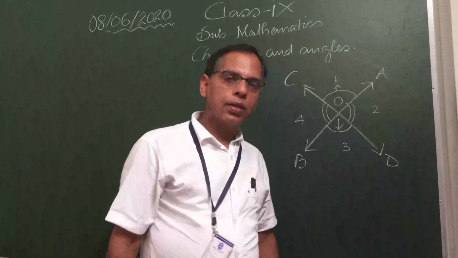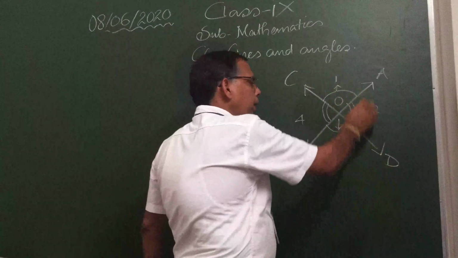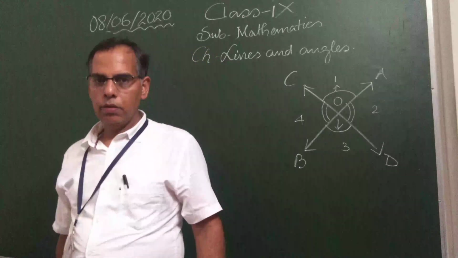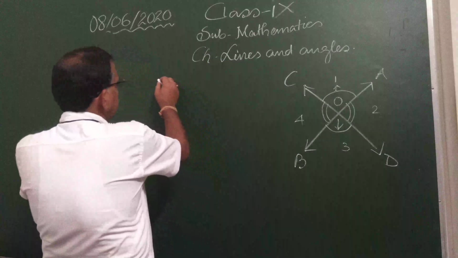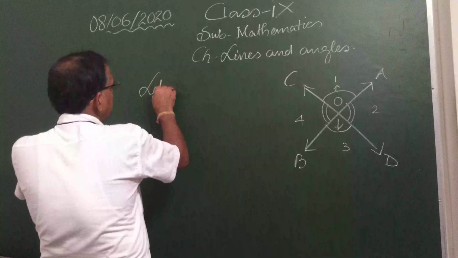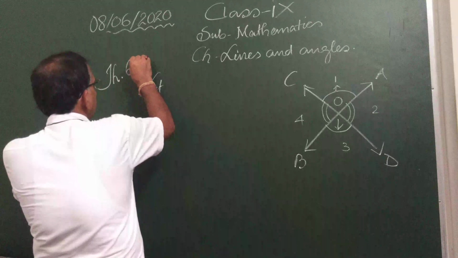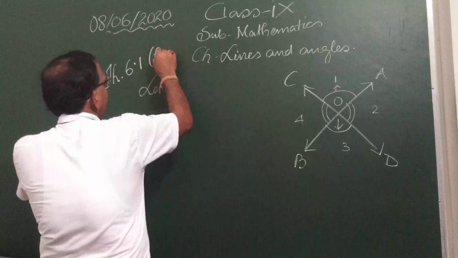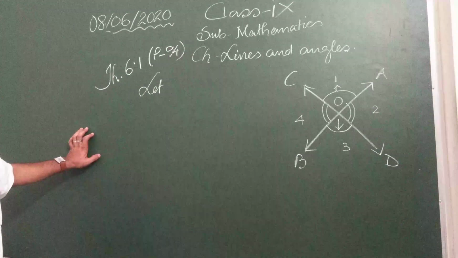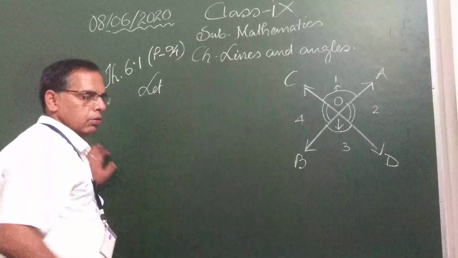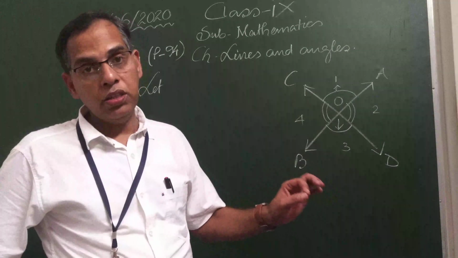Now, last time I have given some marking. This marking will be helpful for me. First of all, you write: let AB and CD, remember theorem number 6.1, page number 94. Important, remember, even if the theorem does not come, its application is very, very important.